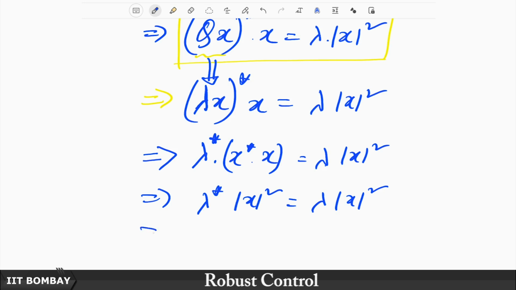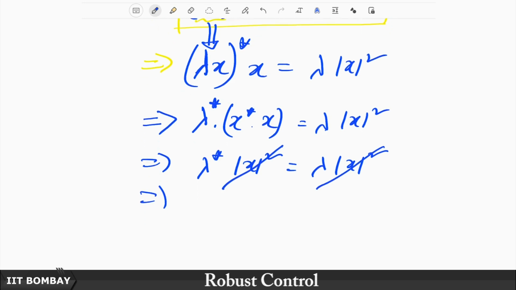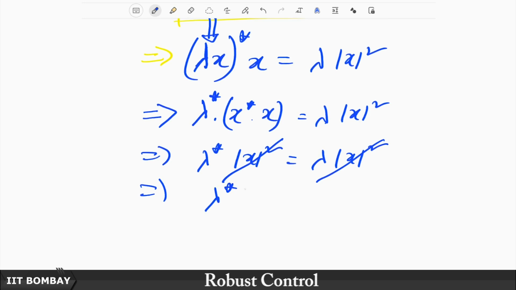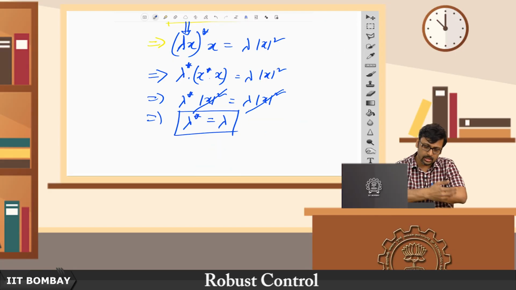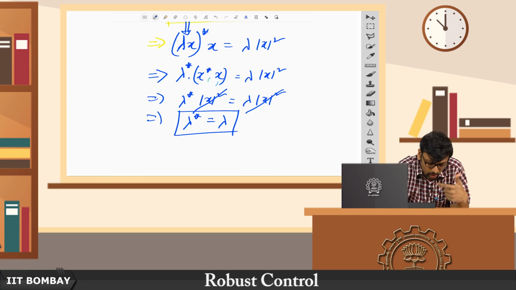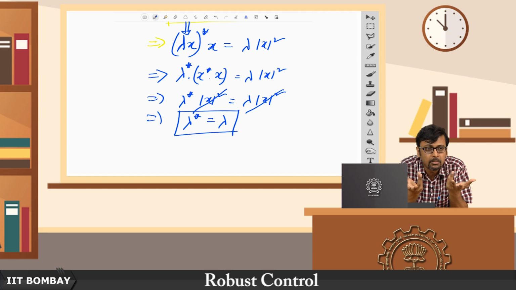So, therefore, we can cancel this out from both sides, because this is after all a scalar. What we then have is that the lambda star is going to be equal to lambda. So, the significant takeaway from all of this is that if you have a Hermitian operator represented by a Hermitian matrix, self-adjoint operator represented by a Hermitian matrix, then all its eigenvalues are going to be real, because remember, the only numbers which when conjugated lead to the same number have to be purely real, they cannot have an imaginary part.